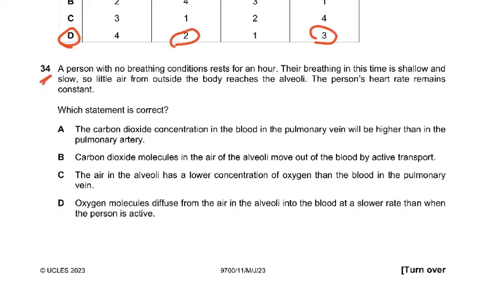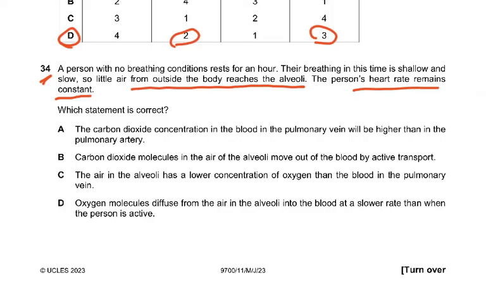Question number 34. A person with no breathing conditions rests for an hour. Their breathing in this time is shallow and slow, so little air from outside the body reaches the alveoli. The person's heart rate remains constant. Which statement is correct? The carbon dioxide concentration in the blood in the pulmonary vein will be higher than in the pulmonary artery. Why?